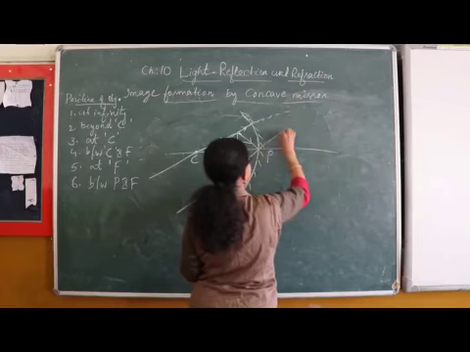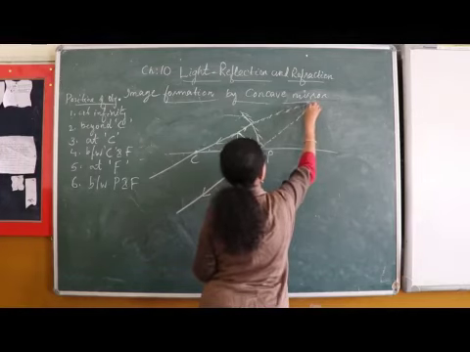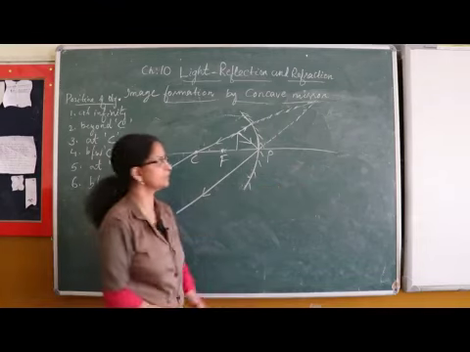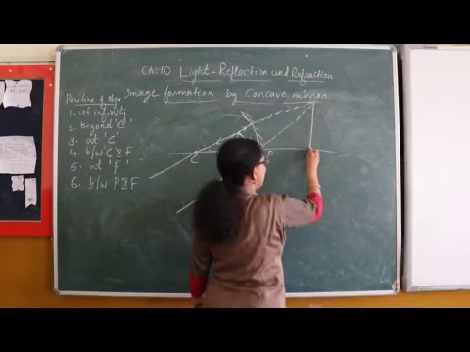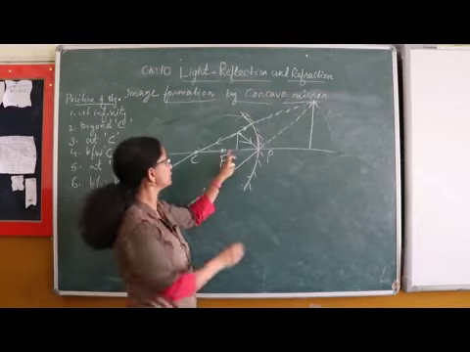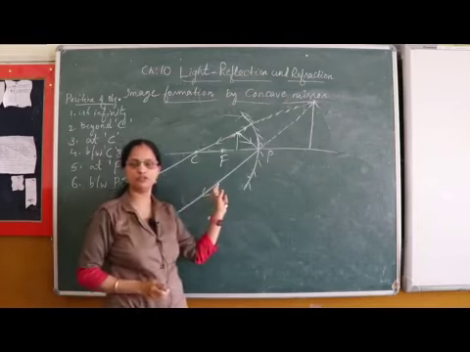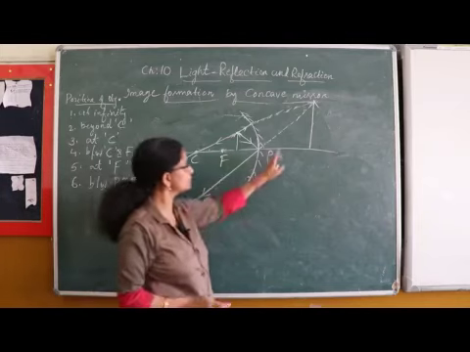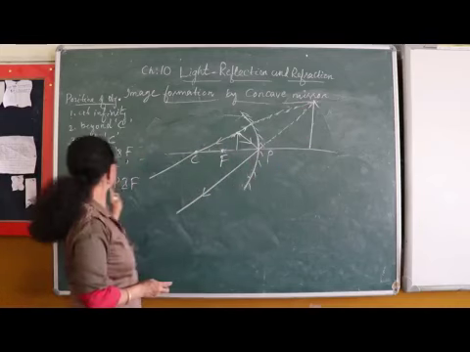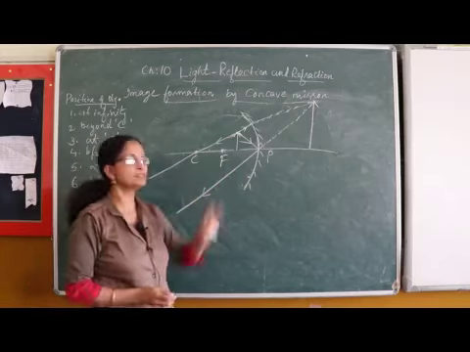When we extend them back, they appear to meet at a point behind the mirror, and an erect, enlarged image of this object is formed inside the mirror. So this is a special situation where the concave mirror forms a virtual enlarged image. This is the case when the object is kept between principal focus and pole.